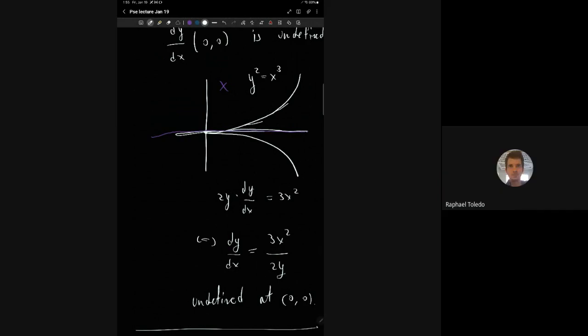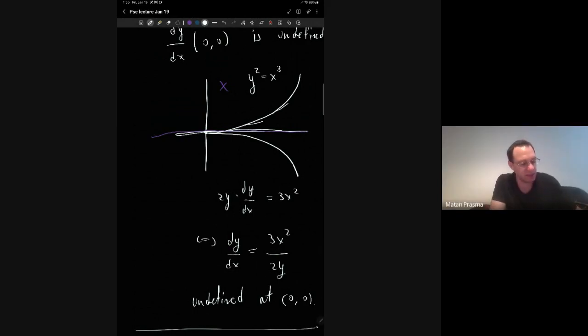Yeah. The formal explanation is, in our case, I did implicit derivation. I isolated dy over dx, and I checked whether I can substitute 0, 0 into dy over dx. Okay, if I cannot, yes. Yeah, just one question.